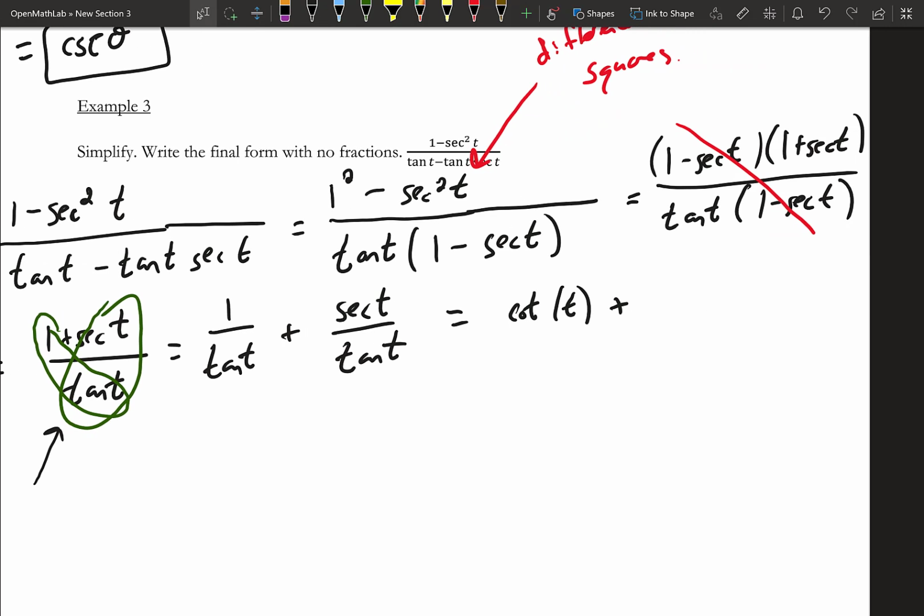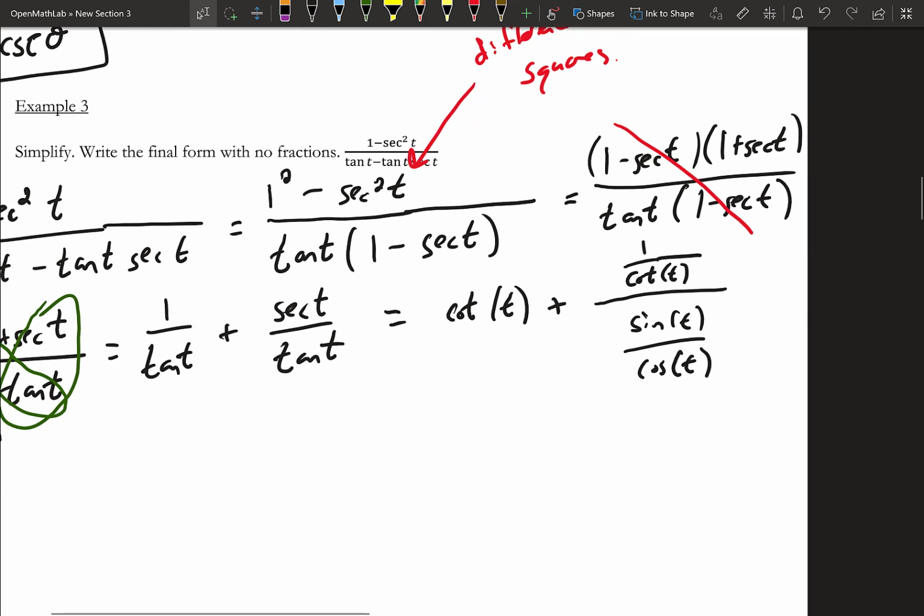And then, in terms of secant and tangent, secant we know is 1 over cosine of t, and tangent is sine of t over cosine of t. So I'm substituting those quotient and reciprocal identities to see if we can simplify this a little more.